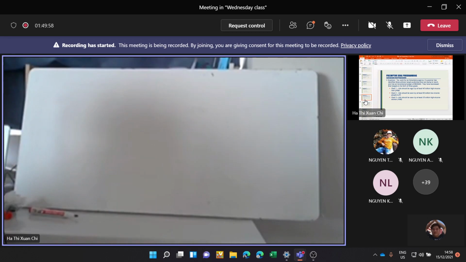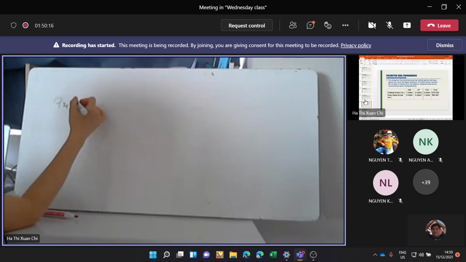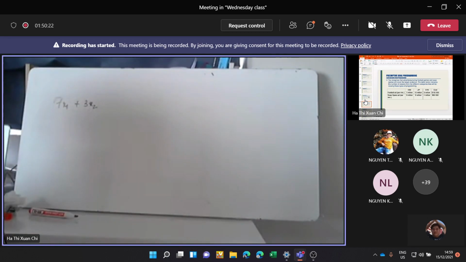So ads should be seen by at least 40 million high income, so that is the high income man, right? So we have 7x1 plus 3x2 is at least 40, right?